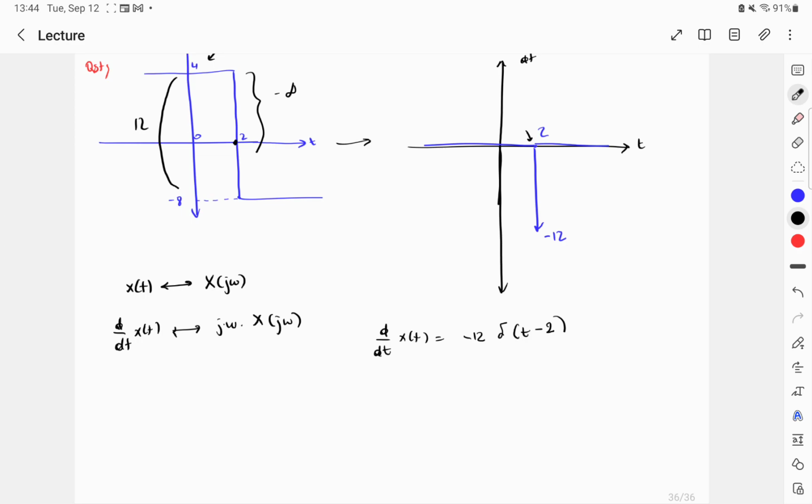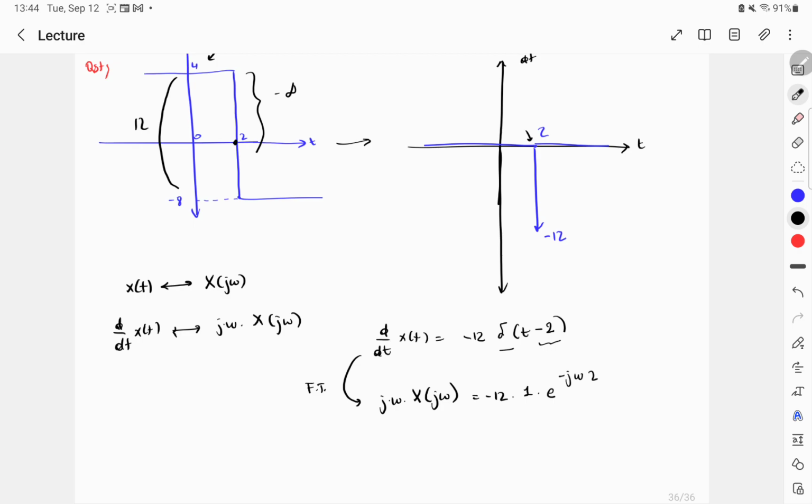If we take the Fourier transform of both sides, we write j times omega times the Fourier transform equals minus 12. The Fourier transform of the delta function was 1. However, we just time shifted it by 2, so we multiply it by e to the power of minus j omega 2.